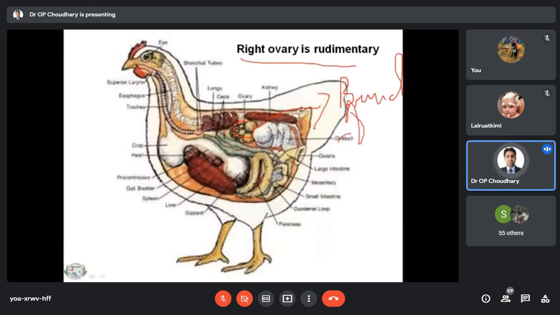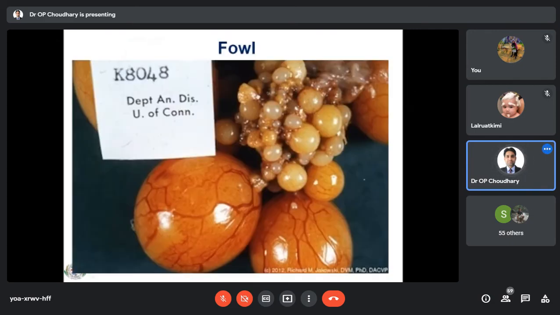Only the left one is functional. These are the ovaries of the birds, present in bunches of grapes. This is also important. It may come as a question: the ovary present in bunches of grapes is a characteristic feature of which animal?